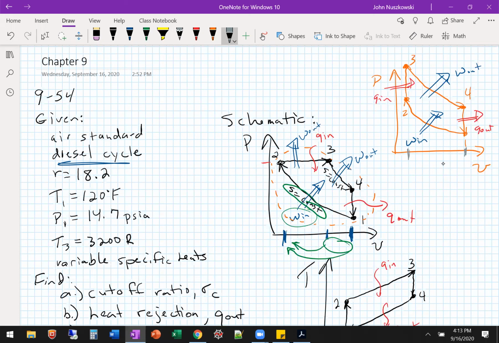Okay, it's the diesel cycle that has that extra complexity because of the constant pressure heat addition process. It puts 3 over at a different volume, and we have work and heat occurring during the heat addition process, where here we just have heat, okay? But it's still S is constant.